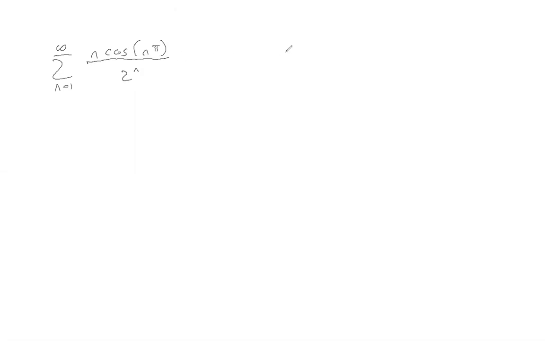Let's check what's going on. At n equals 1, this would be cosine of 1 pi. Cosine of 1 pi is -1, right? So I'd have -n over 2 to the n. At n equals 2, cosine of 2 pi would be 1, and I'd have n over 2 to the n. Let's be specific. If n equals 1, I would have 1 over 2. If n equals 2, I'd have 2 over 4.